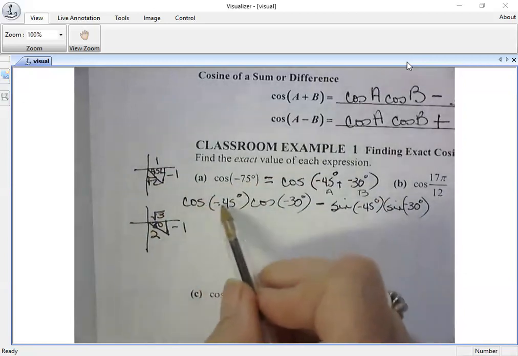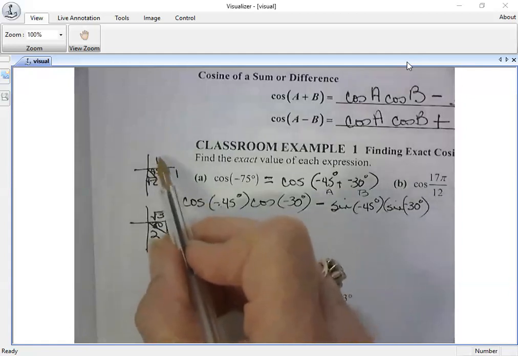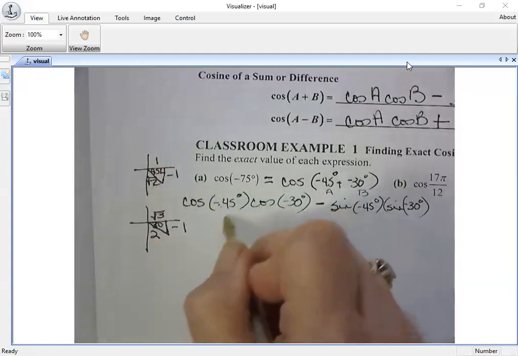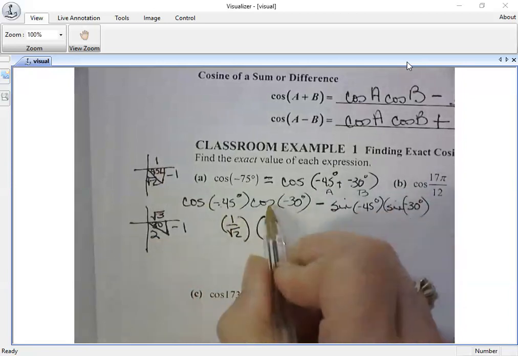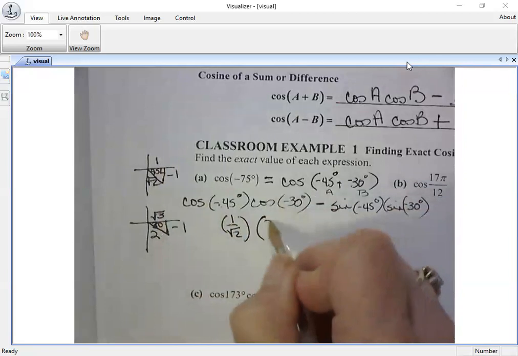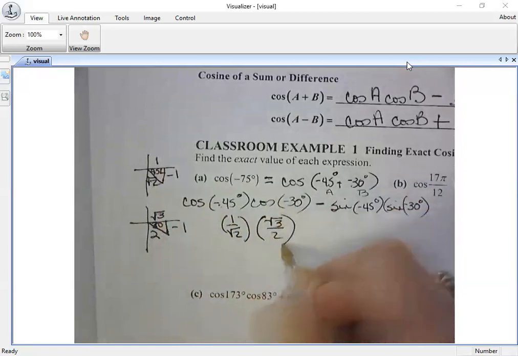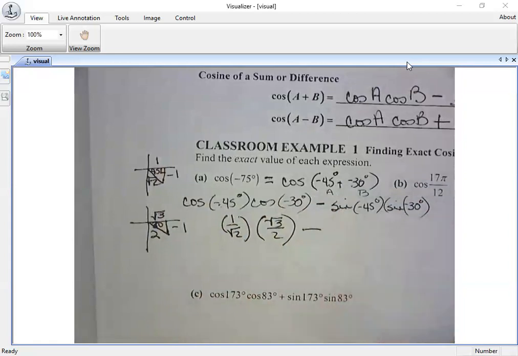So the cosine of negative 45 is going to be what? 1 over the square root of 2. Yeah, cosine is adjacent over hypotenuse, so that's going to be 1 over square root of 2 times, what's the cosine of negative 30? So if I go down here to negative 30, cosine is square root of 3 over 2. Minus, now let's get the sine of negative 45.